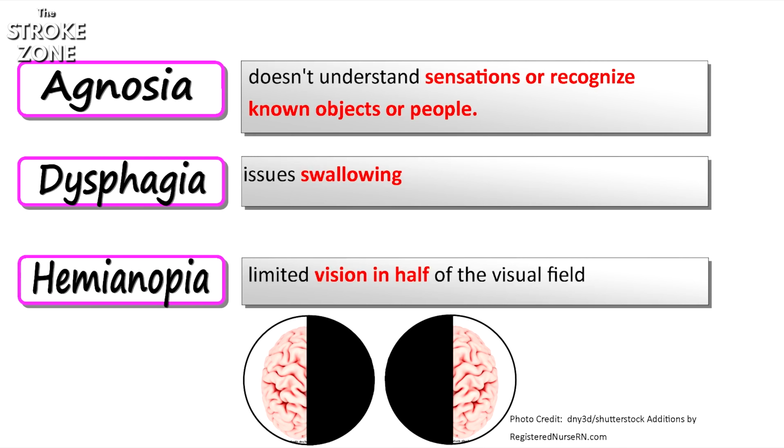So whenever you look at this word, just dissect it. Hemi means half, opia deals with the eyes, so know that this is an issue with the eyes. And as the nurse, we really have to watch out for them with injury and teach them how to scan their environment whenever they have this type of condition, which we'll really talk about more in our nursing interventions.